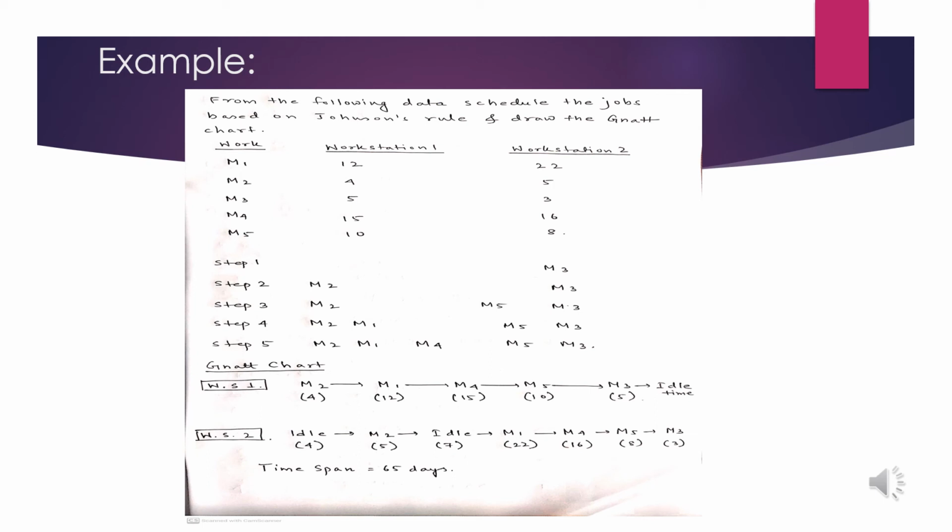If we put all the values of M1, M4, M5 and M3, we find the total time span, and that total time span is 65. That is the minimum time span required to schedule the entire operations across workstation 1 and workstation 2. This is how we schedule any jobs on 2 workstations based on Johnson's rule, and this is how we draw the Gantt chart.